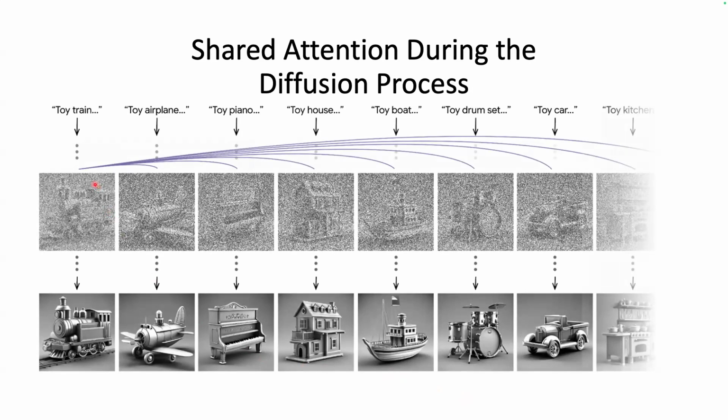The high-level idea is to share the features across the different images. For example, we're going to generate this toy train with this specific style, and all of the images are going to use features from the toy train. And this is what's going to allow them to have a consistent style.